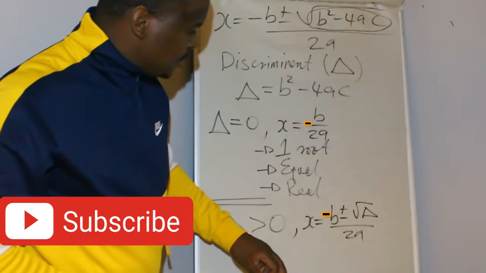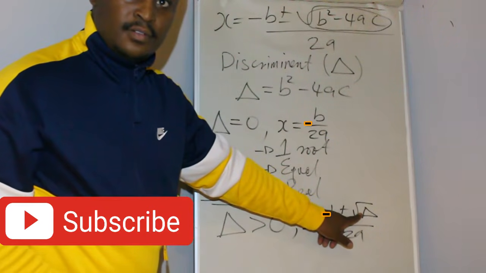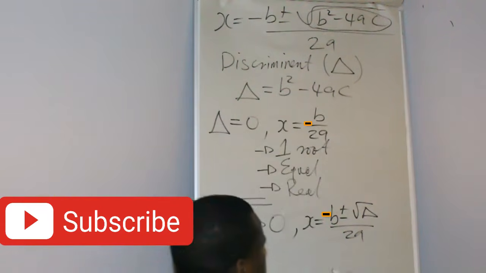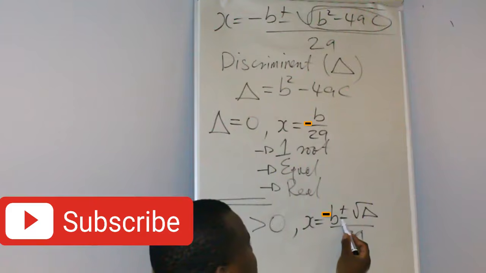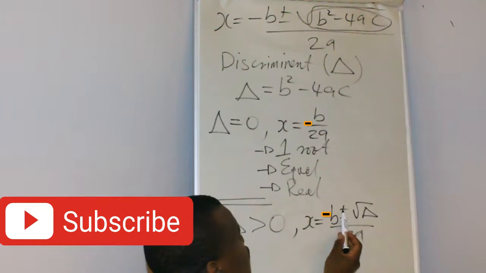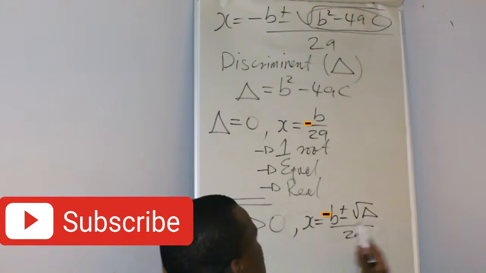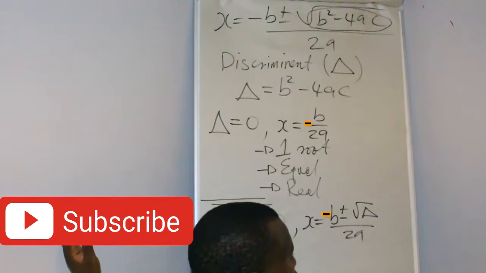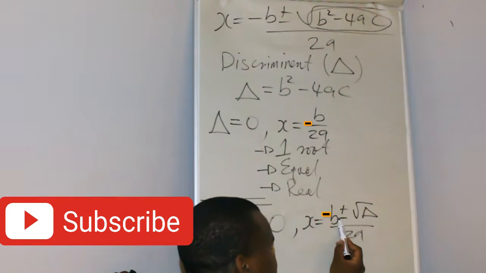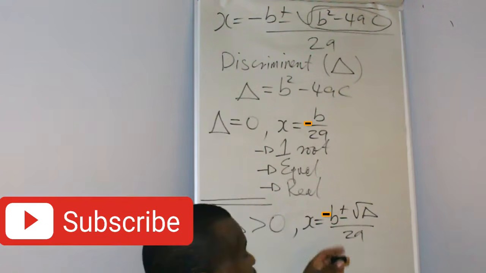So it's the same as that. If this is positive, as we say it is here, then if you add something on b, it will become bigger. If you subtract this thing from b, your answer will become smaller than b.